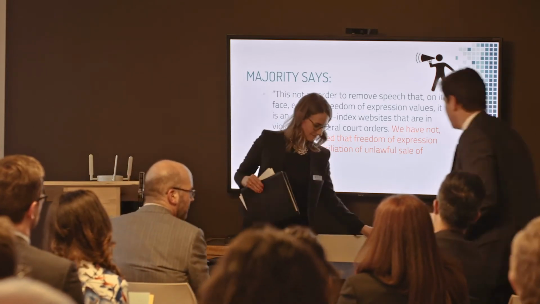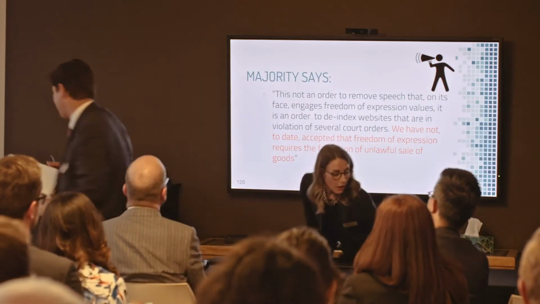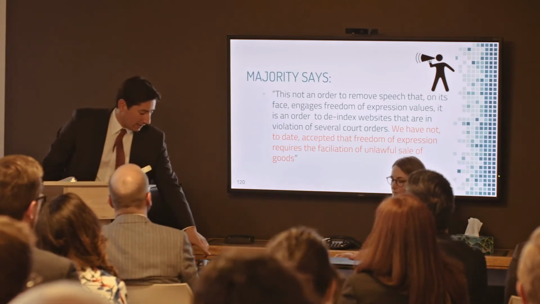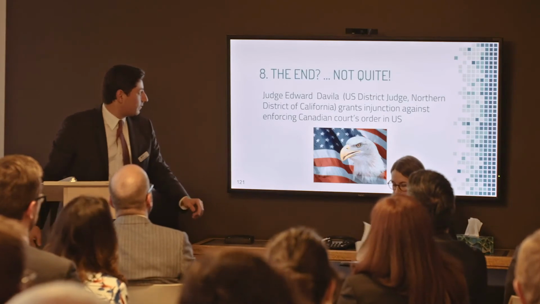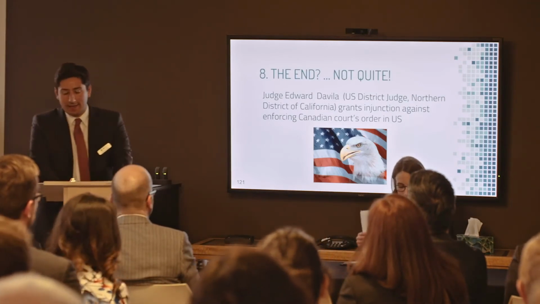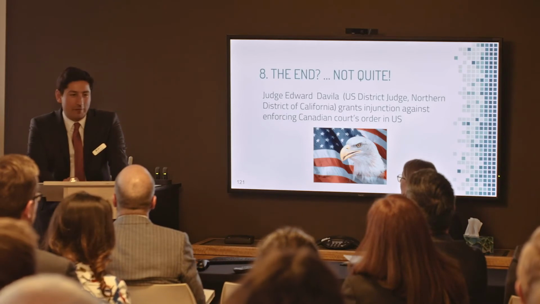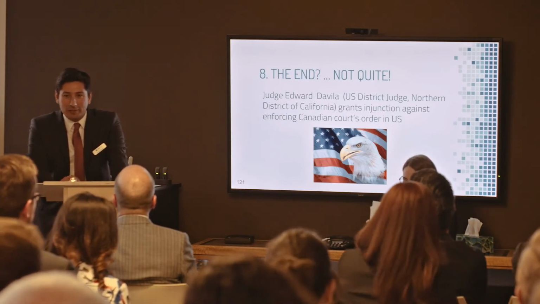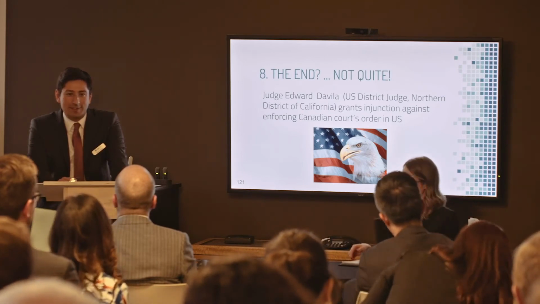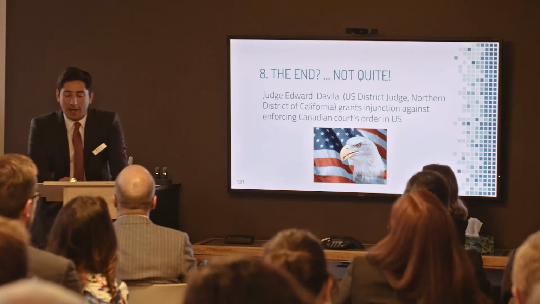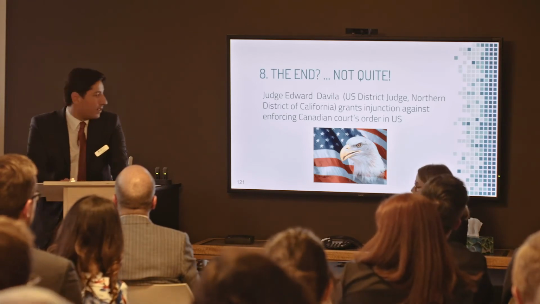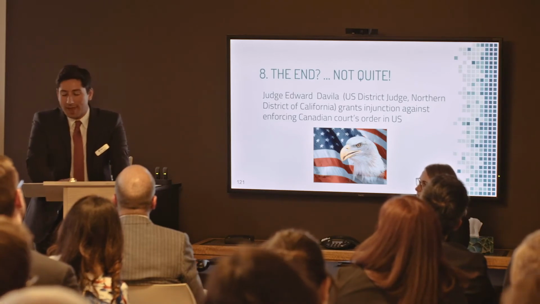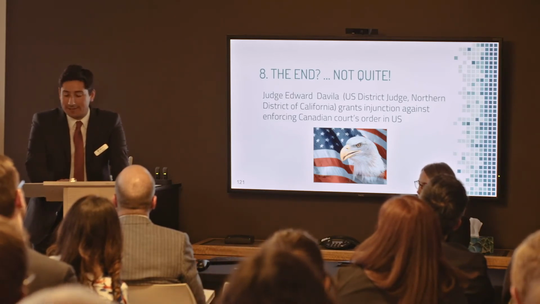Okay, thanks, Lindsay. So the Supreme Court is kind of phase one of this saga, but it continued after, because Google basically takes the Supreme Court up on its offer to provide a more compelling basis to engage evidence of comity concerns, and it goes down to the U.S. District Court in Northern California and seeks an order that the injunction that the BC Supreme Court made and the Supreme Court upheld is unlawful and unenforceable in the United States.